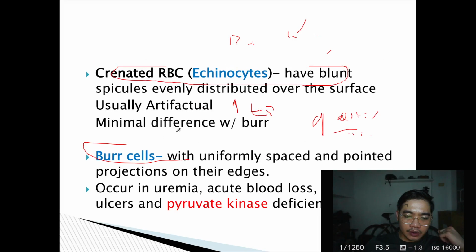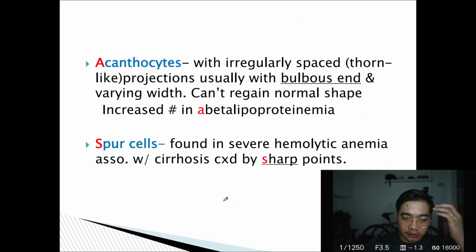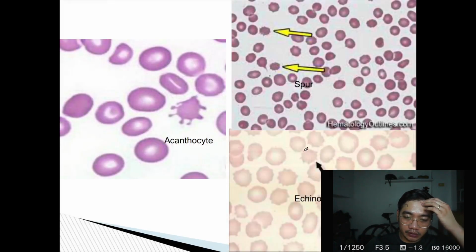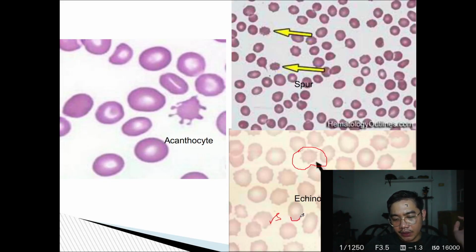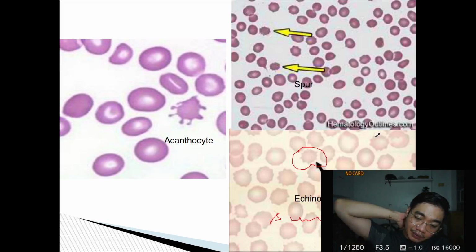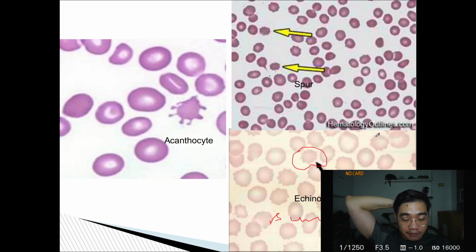This is different. There is minimal difference between your crenated echinocytes and Burr cells, no. But your Burr cells are associated with uremia and pyruvate kinase deficiency. We're going to see over here, this is your echinocyte. But more or less, they have the same features as your Burr cells. Personally, when I see echinocytes in the lab, I just take note of them.